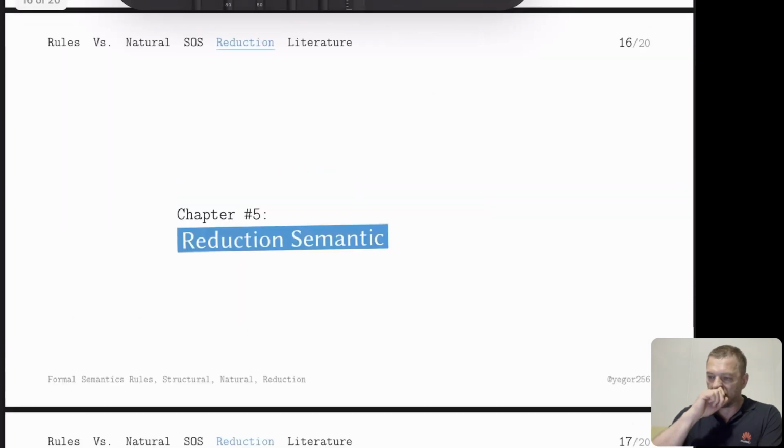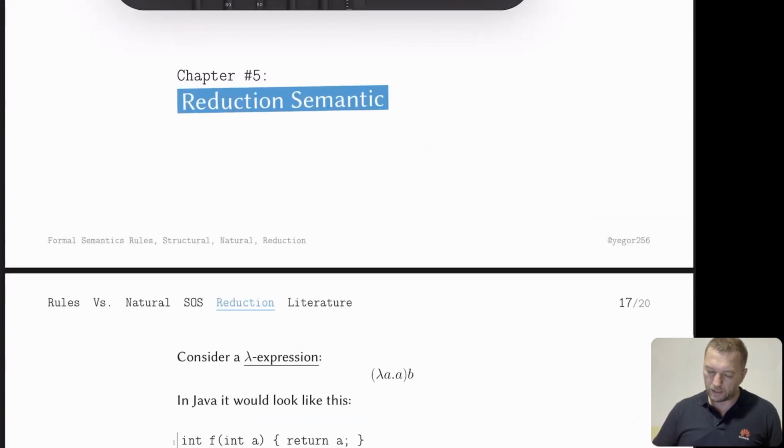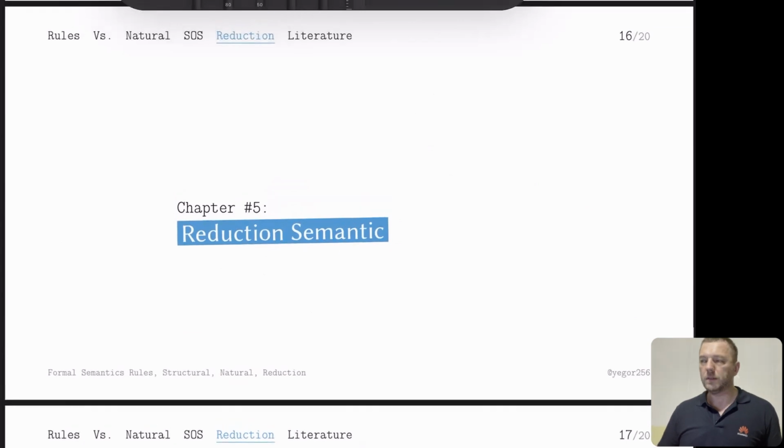Okay, reduction semantics. Also an interesting topic which I want to show you. In this case, sometimes it is possible to explain that the program, before starting to execute, may be modified to become simpler.